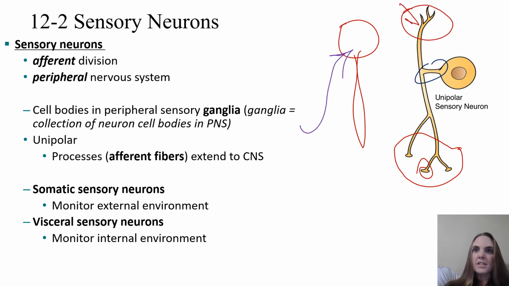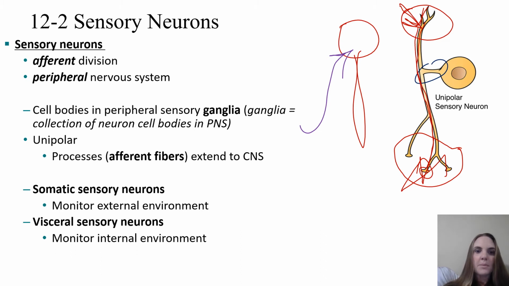So remember, dendrites is where we're picking up the information. Information is going to arrive at those dendrites and be carried along those afferent fibers to the central nervous system. So those fibers are going to be traveling from the periphery up to sensory receptors, from the sensory receptors to the central nervous system.